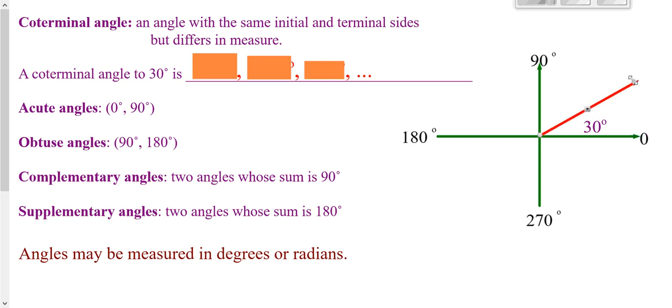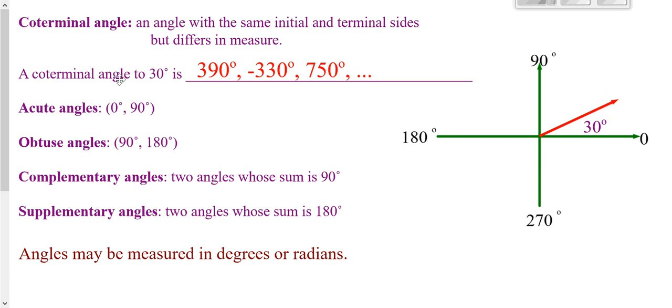Or if I started here, went all the way around twice, which would be 360 plus another 360, which would be 720, and then went my 30, that would then be a 750. Or if I started here and went backwards almost a full revolution to here, that would be negative 330. So some coterminal angles to 30 degrees are these. Basically, you're adding or subtracting full revolutions, and you can do that more than once.